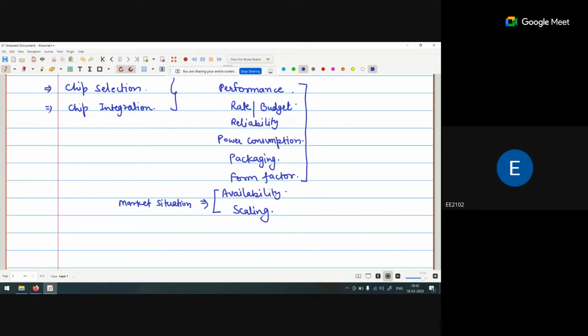How much can you expand it? With a dual core processor, you can't connect 8 GB or 16 GB RAM. This is the limitation. The limitation is what? The integration part.